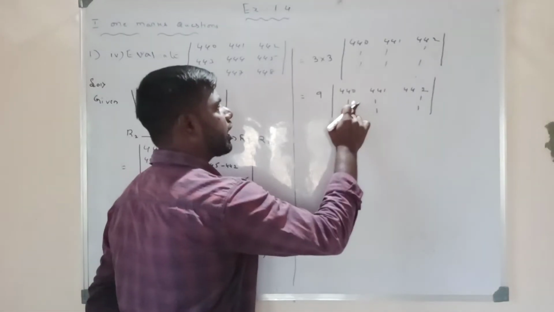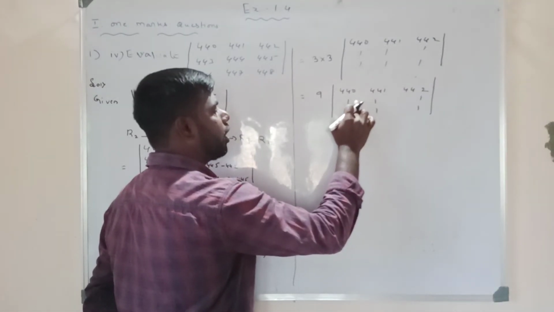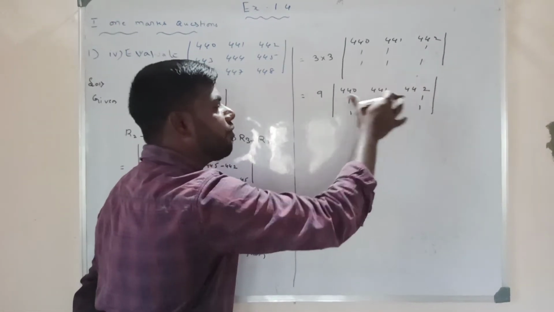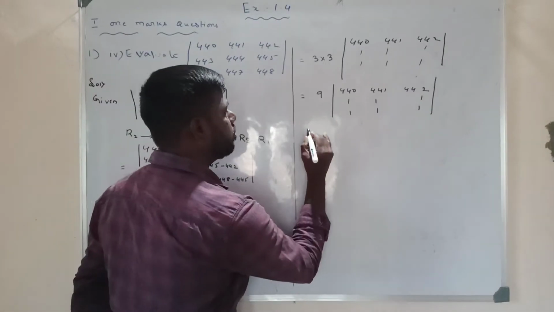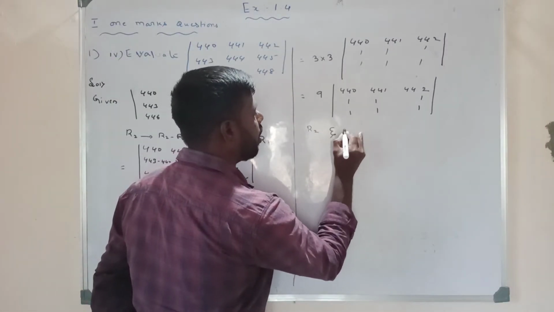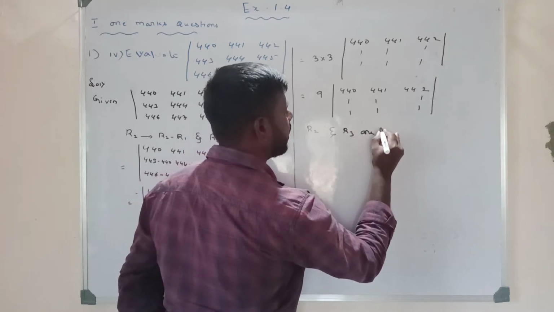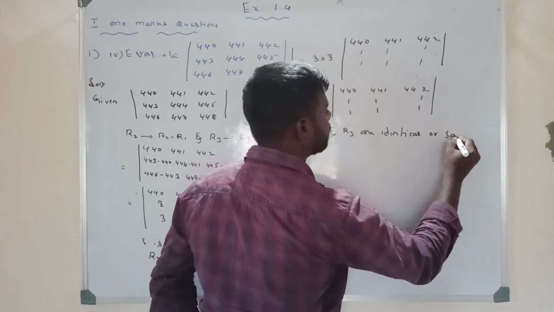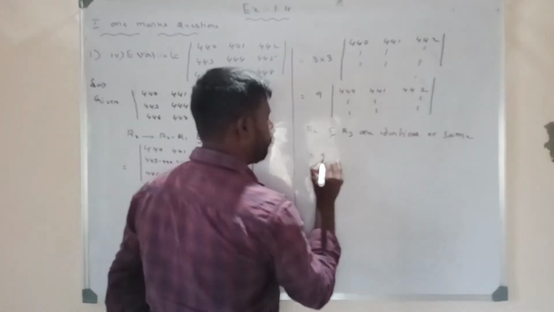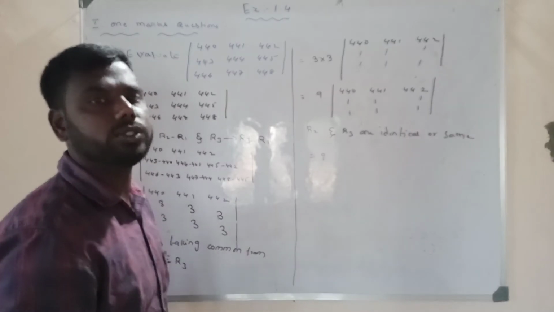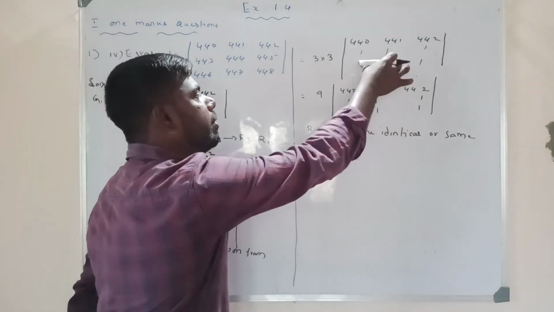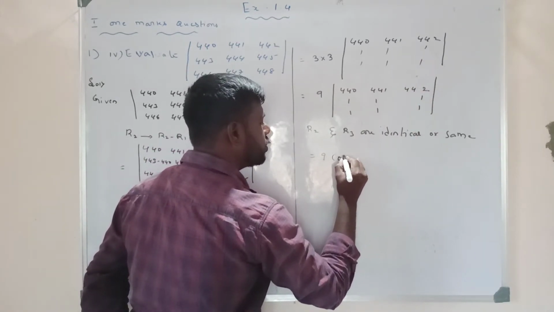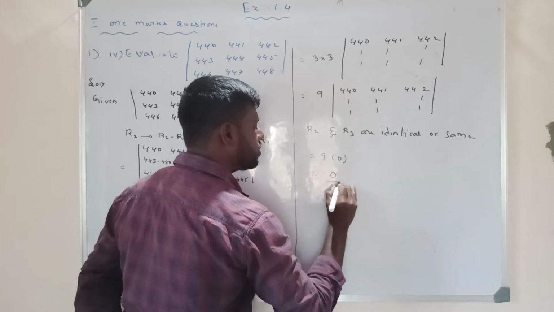Here the second row and third row are the same, so the determinant value will be 0. Whenever two rows or two columns are the same, the determinant value will be 0. So 9 into the determinant, which is 0.